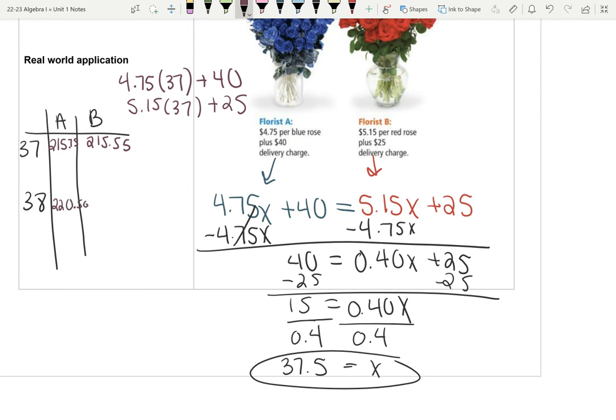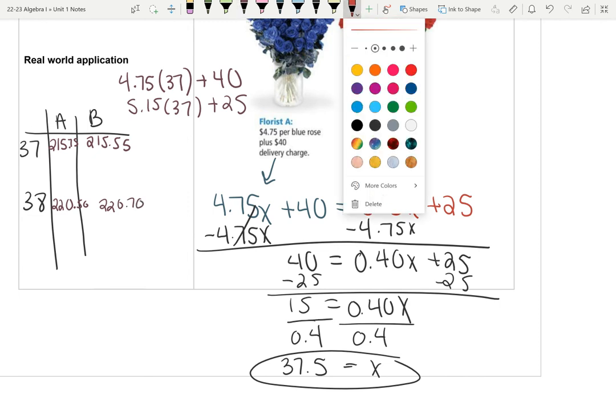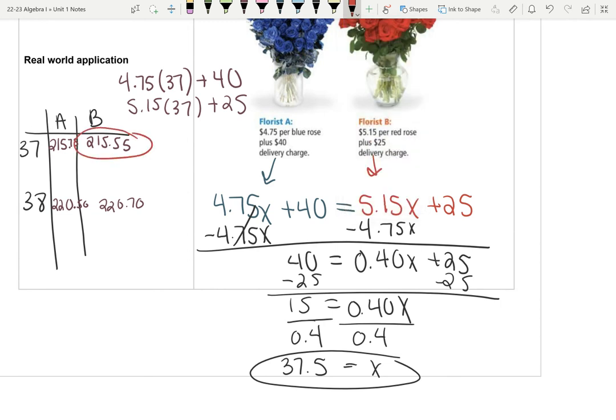And $5.15 times 38 roses plus $25 is $220.70. So at 37 roses, it's cheaper to go with florist B, and at 38 roses, it is cheaper to go with florist A. So that means that 37 and below, you should go with A, and 38 or above, you should go with B.